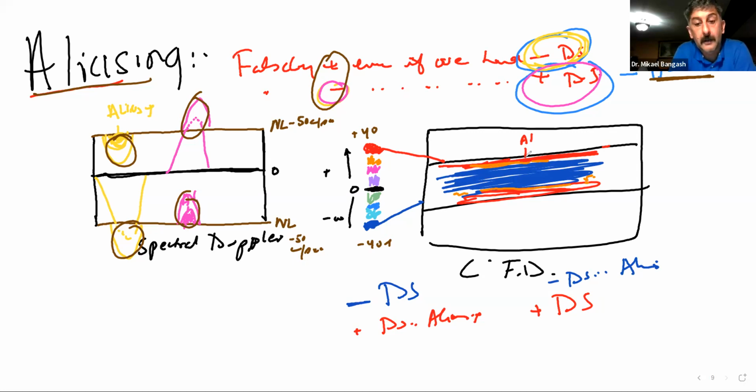Is there anybody who can tell me why it's a negative Doppler shift and the red is aliasing, and not vice versa?